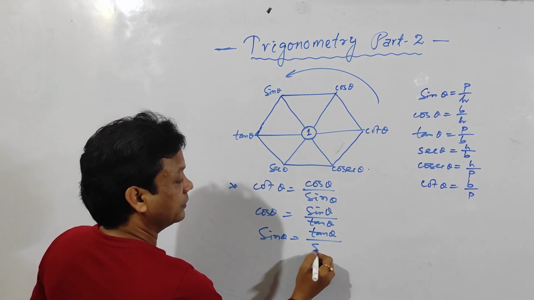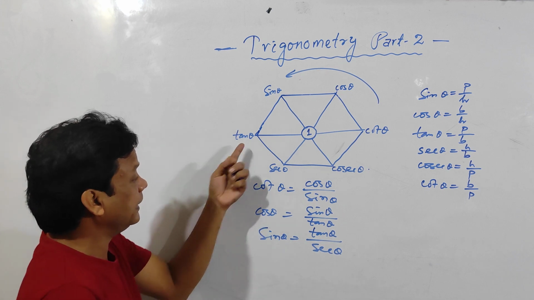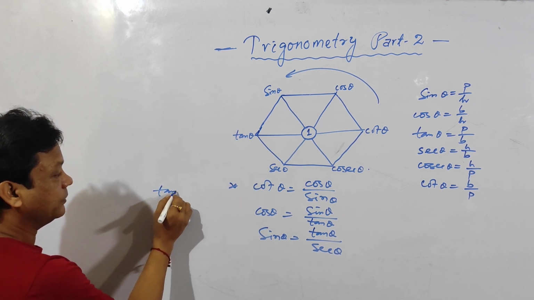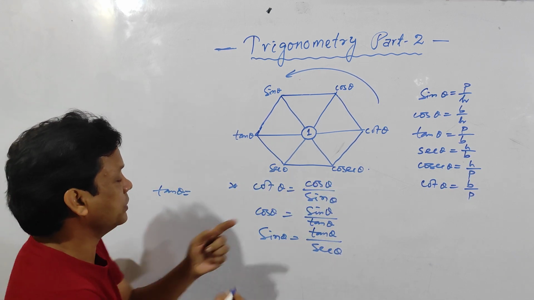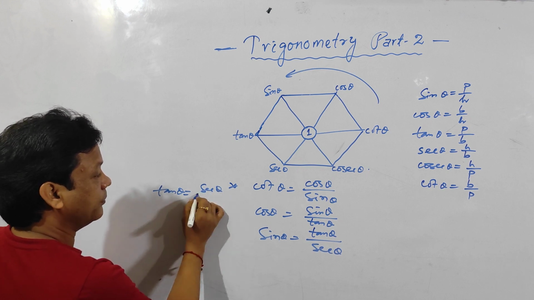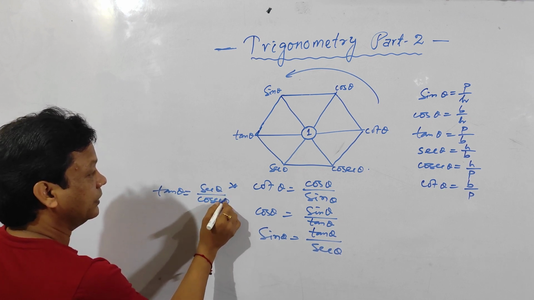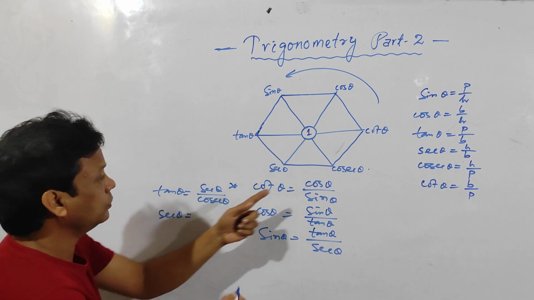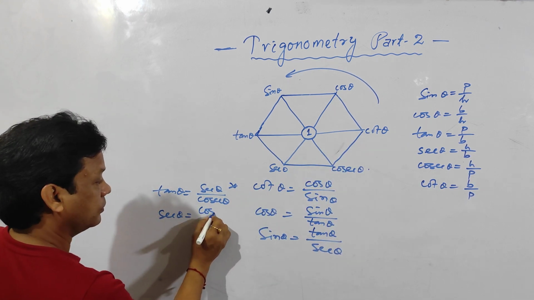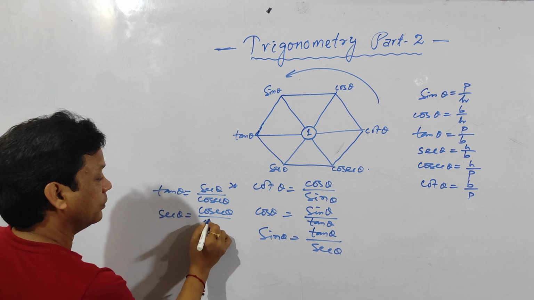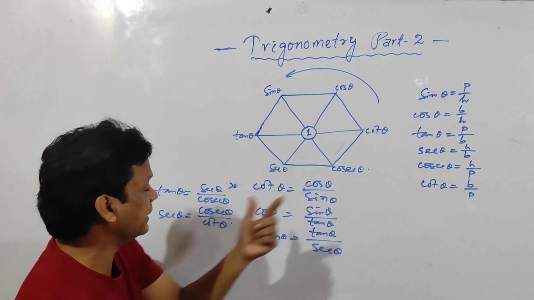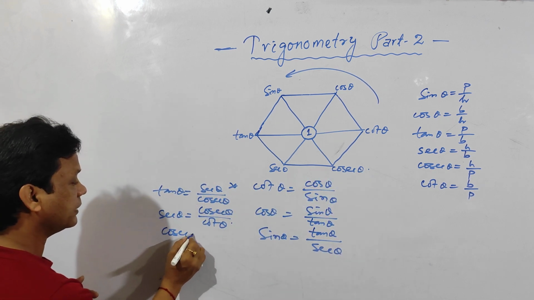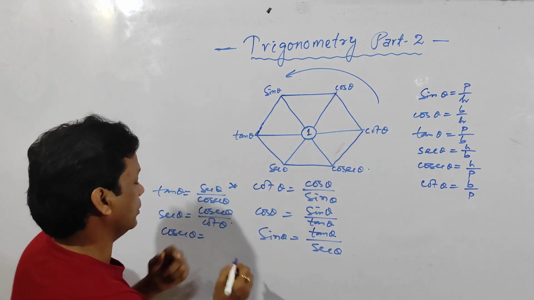Tan theta by sec theta. Then take tan theta. So what is tan theta? Sec by cosec. Sec theta by cosec theta. Then find the value of sec theta. Tell me. Sec theta is equal to cosec by cot. Cosec theta by cot theta. Then find cosec theta. What is the value of cosec theta? Cot by cos.